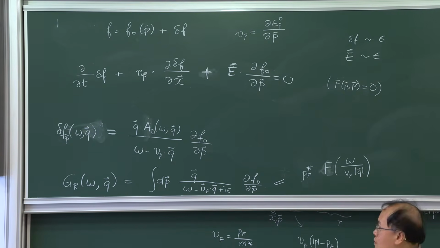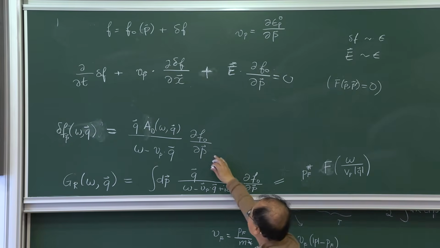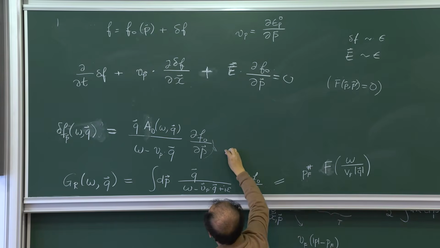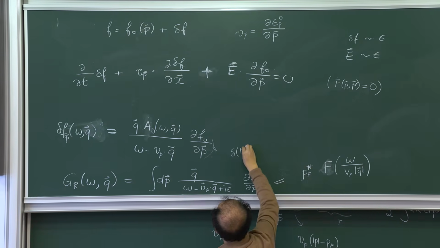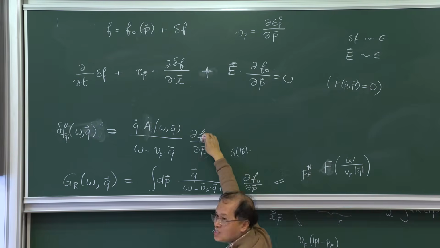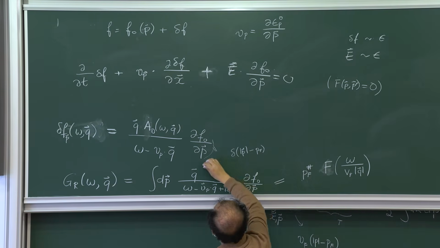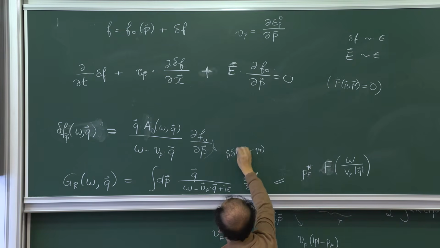So the df naught dp localizes the integral to the Fermi surface? Yes, it's like an integral over the Fermi surface, because you notice this one is a step function in p, so this one becomes a delta function, with a magnitude like a p hat or something times the delta function.